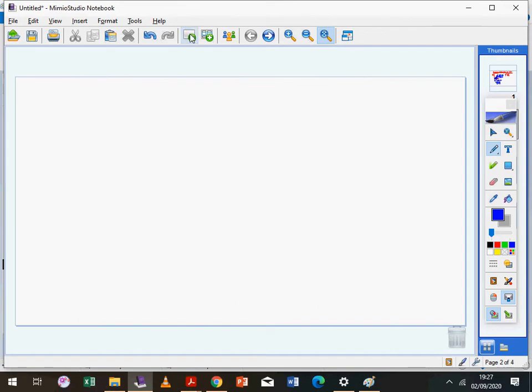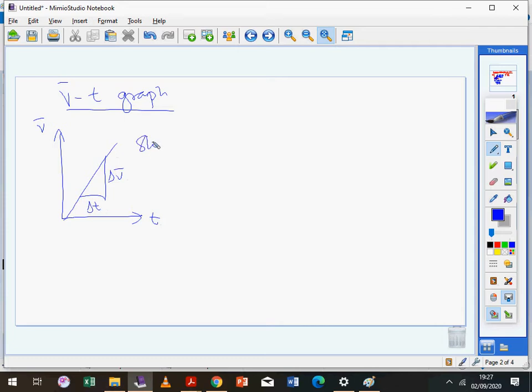Let's look at a velocity time graph. Look at a VT graph: that's velocity and that's time. The slope of a VT graph will be change in velocity over change in time, and I hope you can see that slope represents acceleration.